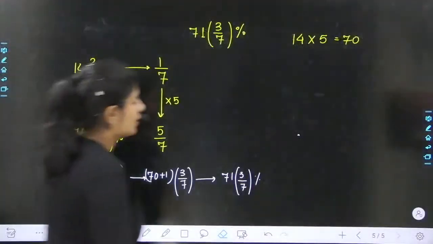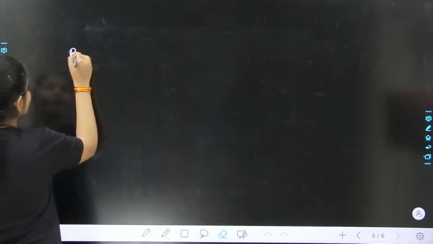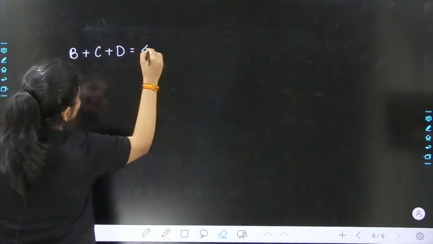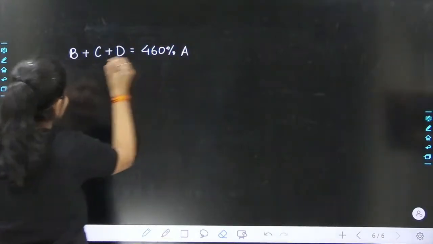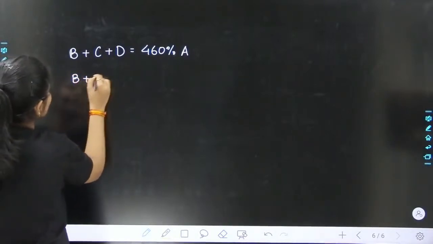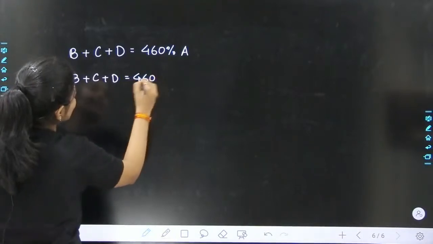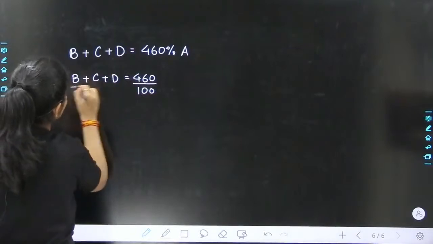Okay, first we consider the very first equation which we have, that is B plus C plus D is equal to 460% of A. I can write this equation as B plus C plus D is equal to 460 by 100, and I shifted this A over here, right?